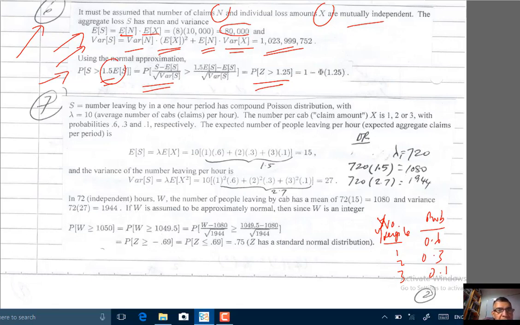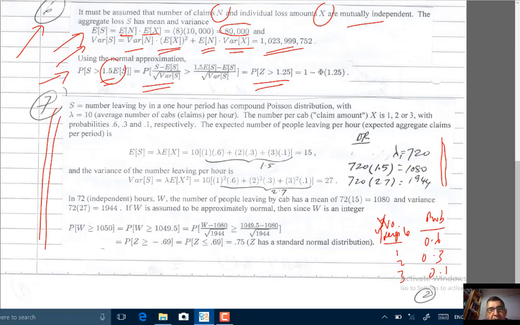A few things. In this question number 7, I have reworked it using some numbers here. You can pause the video, go through the solution line by line and work it out yourself. But I want to make a few remarks about question number 7.